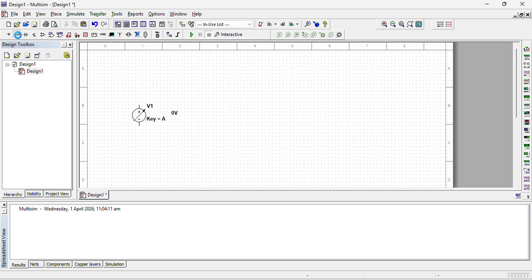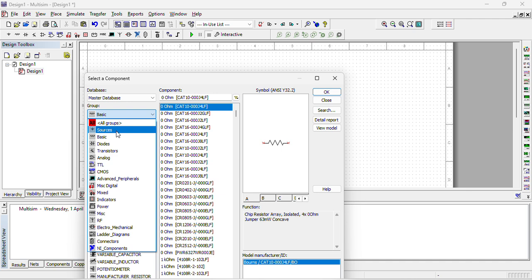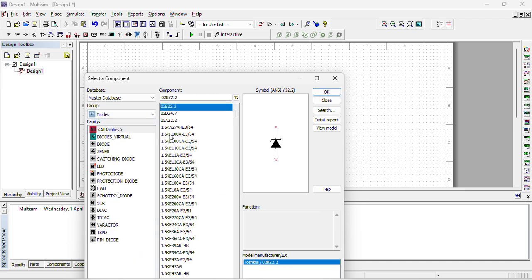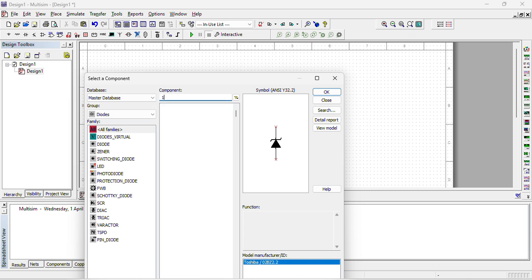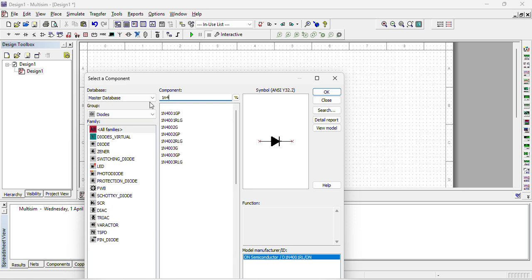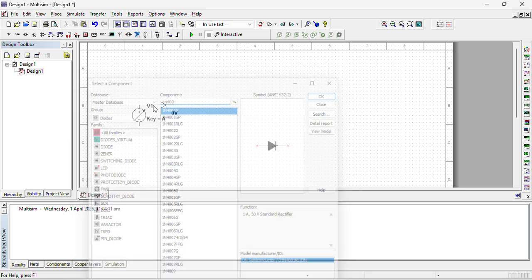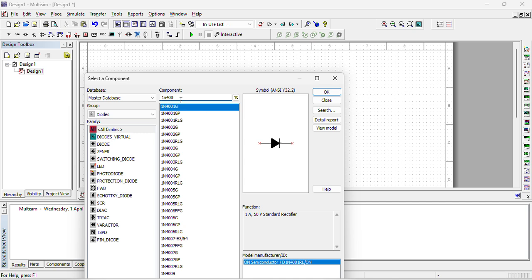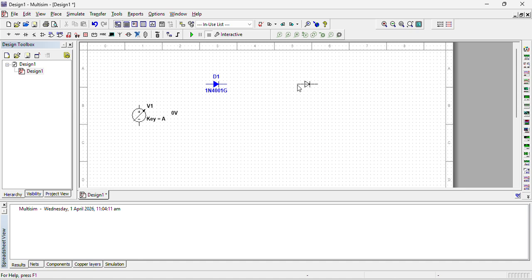Okay, let's take a diode. So diodes, and within the diodes we have many models. Usually we use two models, 1N4001 or 1N4007. Let's see both of the models and use any one of them.